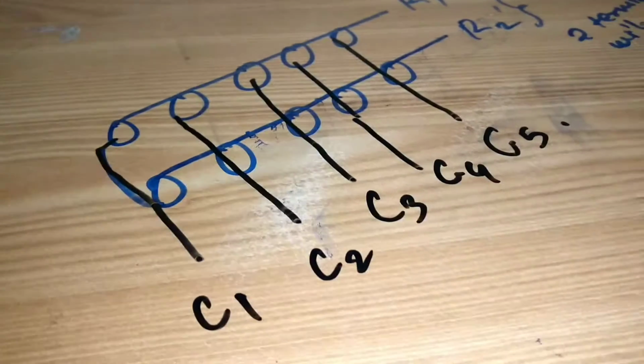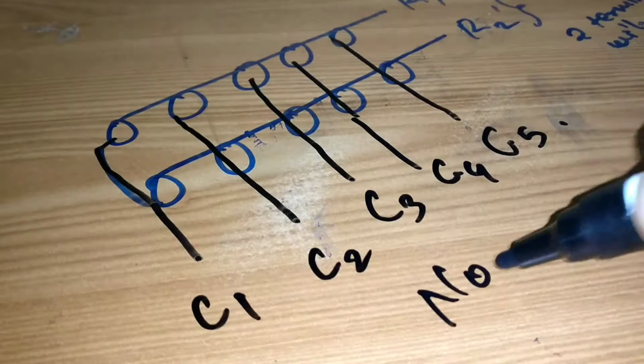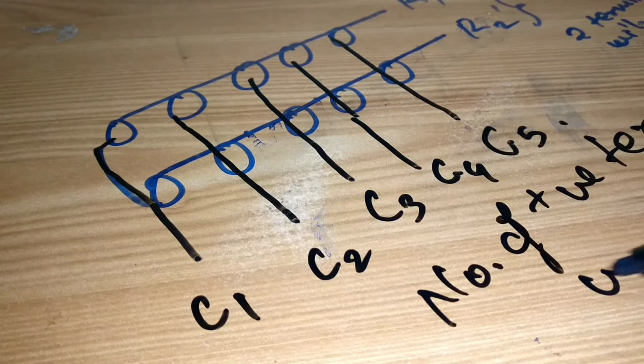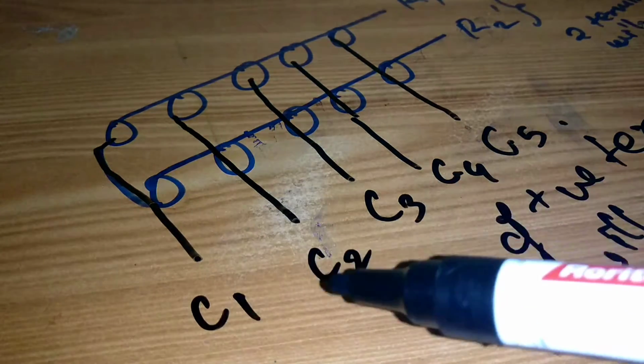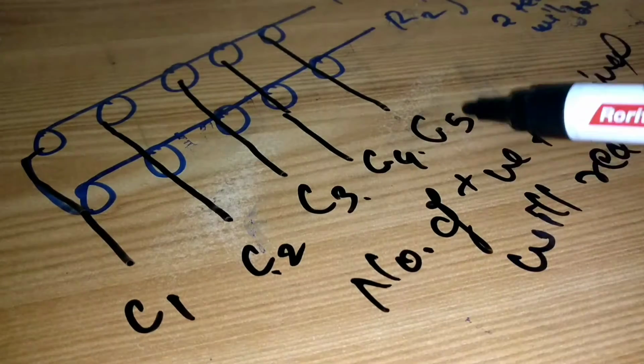So the number of positive terminals will be reduced. As you can see, the number of positive terminals is 1, 2, 3, 4, 5.